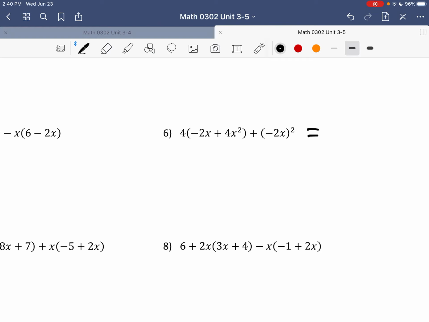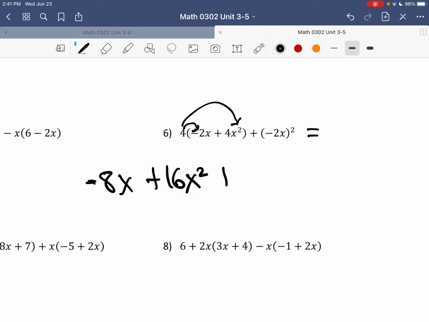So the first thing that we'll do is distribute by multiplication the 4 across both the terms inside the parentheses. So 4 times the minus 2x, that's going to be a minus 8x. 4 times the 4x squared, that's going to be a 16x squared.